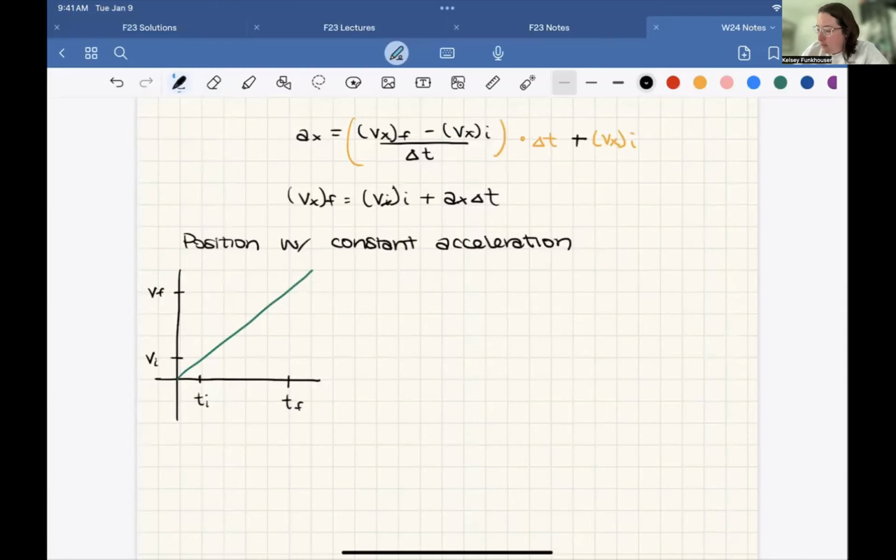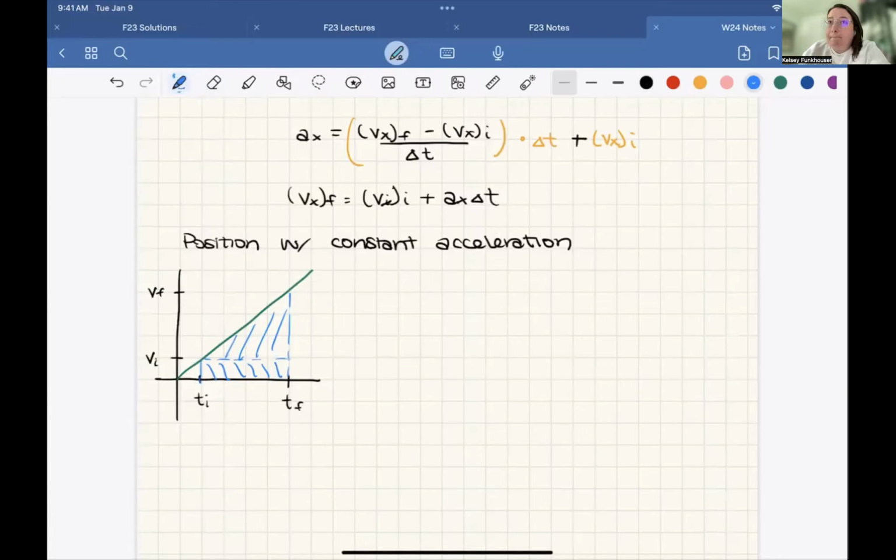Okay. Now let's break these up into some nice sections. So we have our triangle here and our rectangle. And so hopefully maybe you remember this from calculus, that the area under the curve here for velocity is the position.